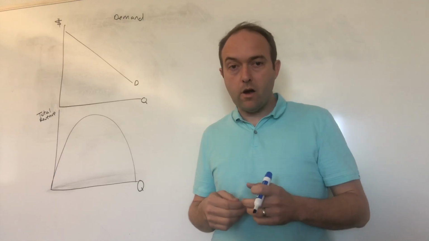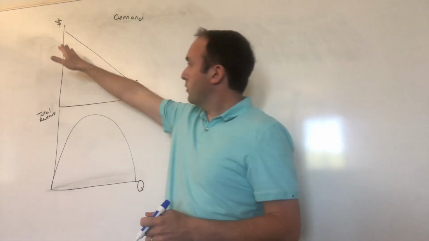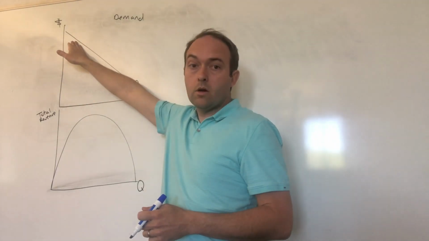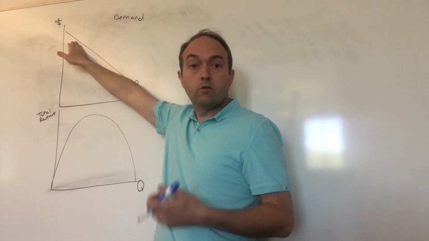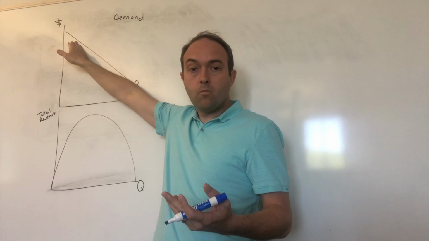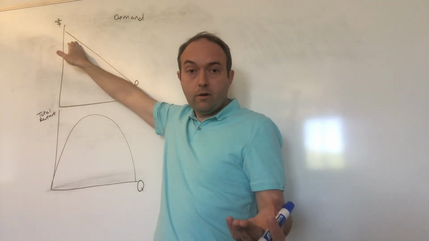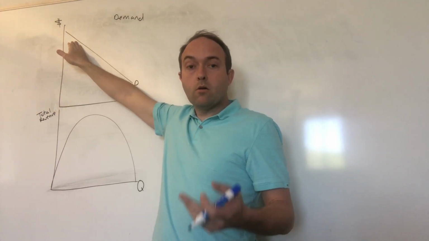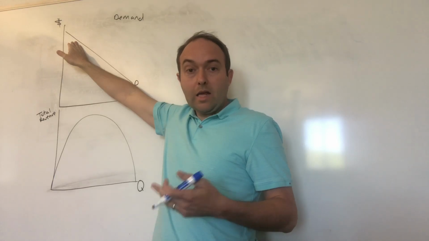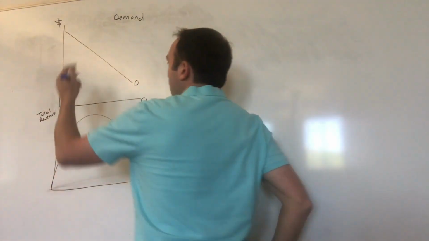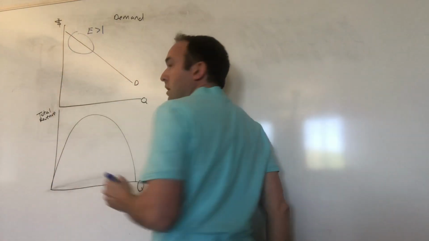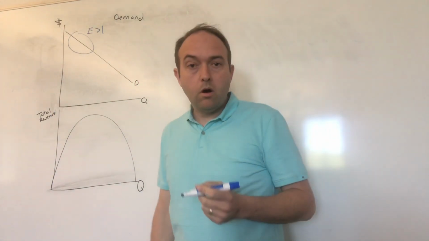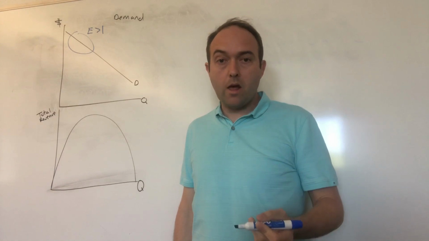Anything up towards the top of the line, your E, your price elasticity of demand, is going to be a fairly high value, something greater than 1. When E is greater than 1, we call that elastic. So anything up here, E is going to be greater than 1. We would call that an elastic demand.